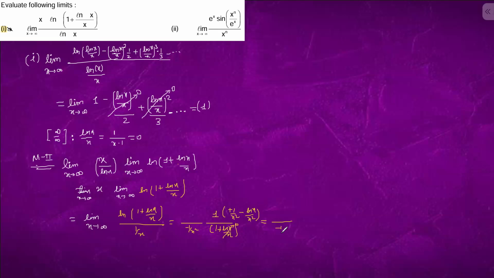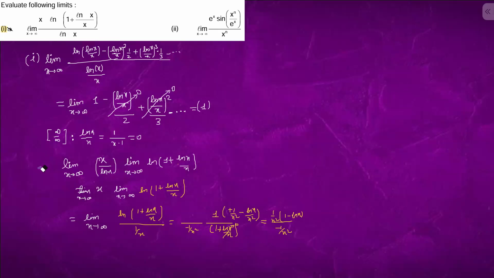We'll be having minus 1 by x square, and 1 minus ln x, which is minus infinity. So see, this method is taking some time and the expansion was simpler.